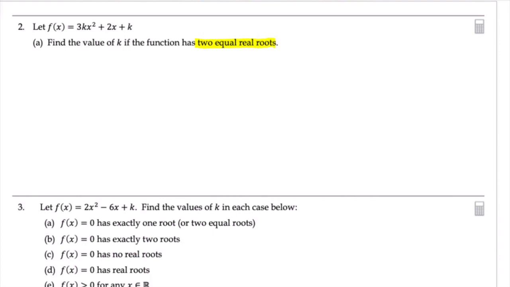If a function has two equal roots, what does that tell us about the discriminant? That tells us that b squared minus 4ac is equal to 0. So I have to use that fact. What I'm going to do is I'm going to identify the value of a, b, and c as I did before.